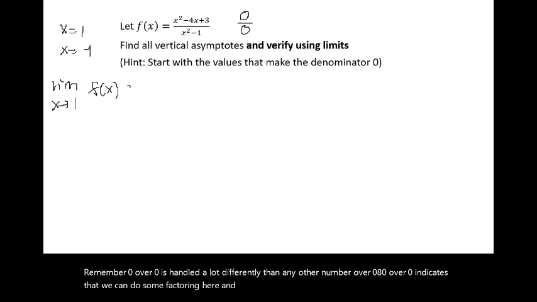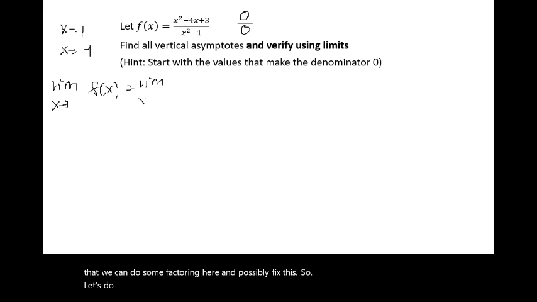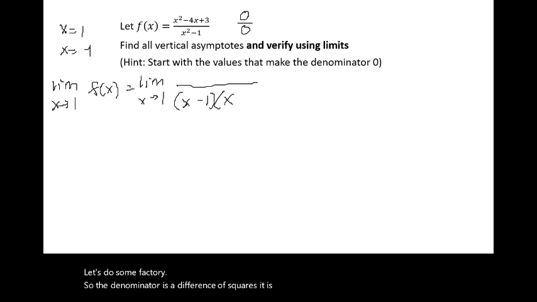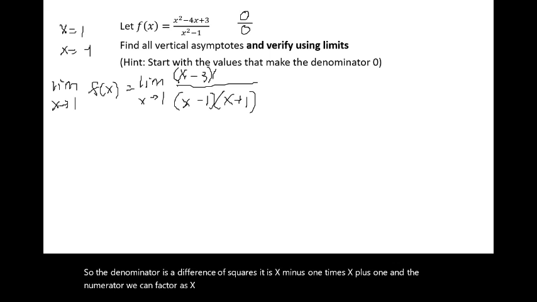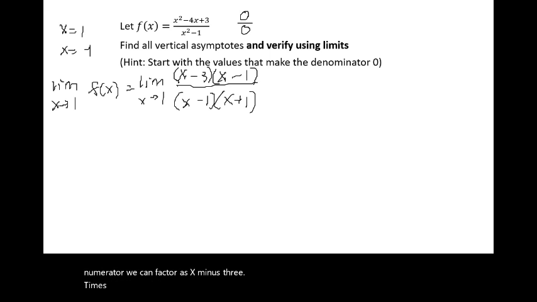So let's do some factoring. So the denominator is a difference of squares. It is x minus 1 times x plus 1. And the numerator we can factor as x minus 3 times x minus 1. So there's that common factor that is causing the 0 over 0.